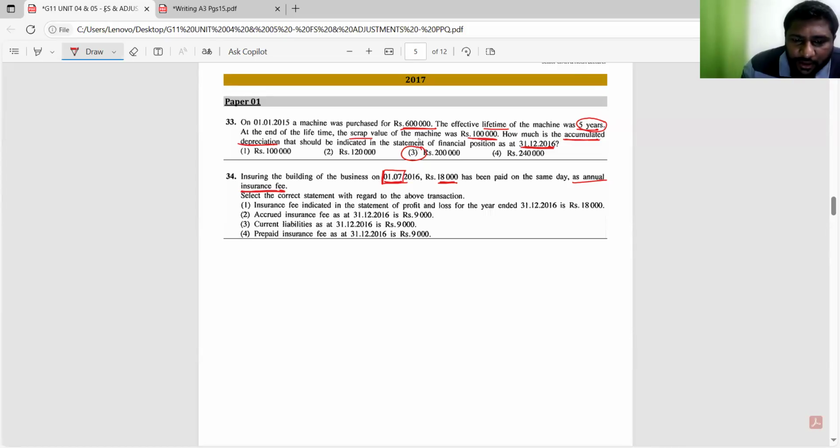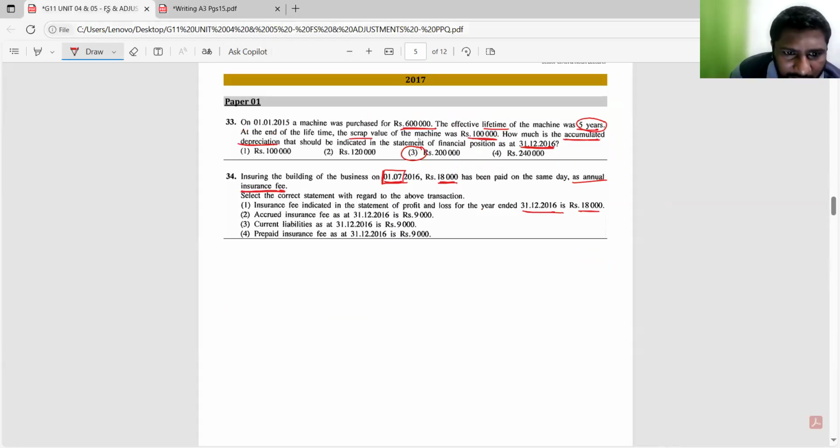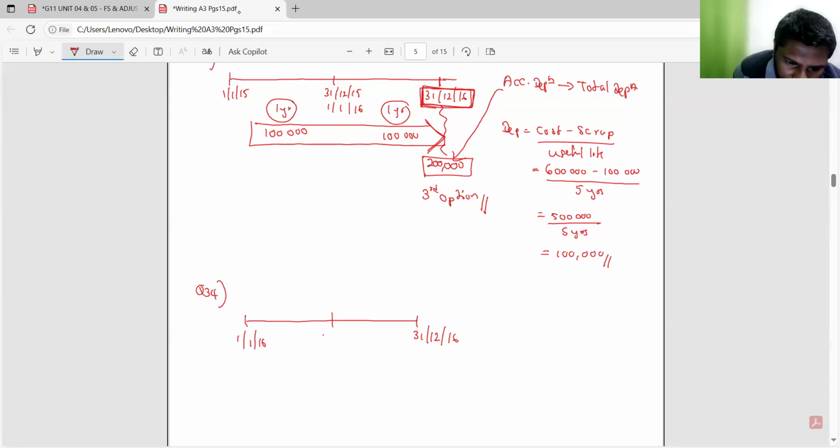Insurance fee indicated in statement of profit or loss as at 31st December 2016, 18,000. So you see here, 31st December 16. Starting date would have been 1st January 16. No? When did I take the insurance? 1st July. 1st July 16 only I took the insurance. I made a payment of 18,000 for the entire year.